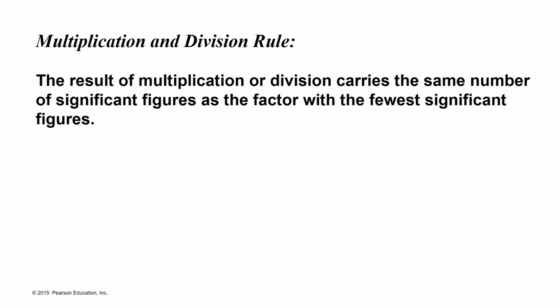All right, so the multiplication and division rule: the result of a multiplication or division carries the same number of significant figures as the factor with the fewest significant figures. One of the first types of calculations that we're going to do with sig figs is density problems. Density equals mass over volume.